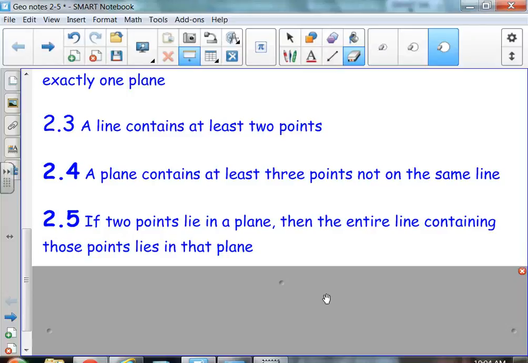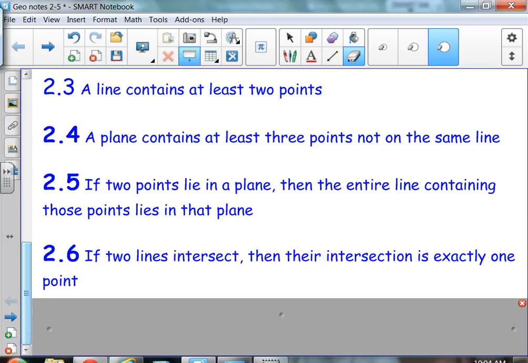So if you take, for example, the wall as a plane. If we look at one of these lines right here on the wall, you can see that it's in that plane. So that's what it means. If 2 points, so if there's 2 points on that plane, there's a line that lies on that same plane.